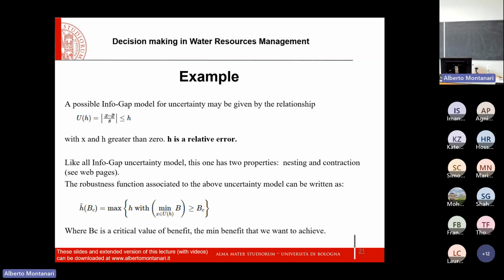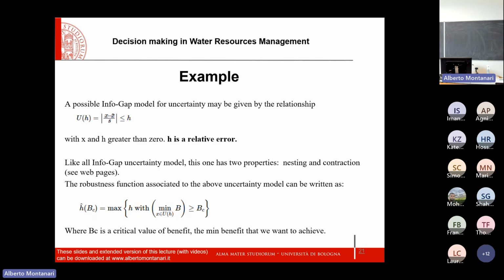The H value may be larger than 1, may be lower than 1, and therefore H quantifies our robustness. If I impose that H is 0, it means that I don't accept any error into the future. I don't accept any uncertainty, which means that our procedure, our prediction, our methodology is not robust against uncertainty.